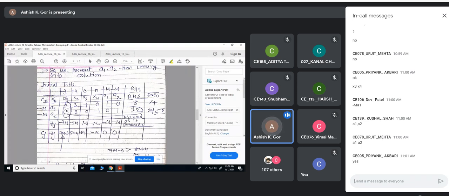Okay, so you have 6 variables now. X1, X2 were there. X3, X4 were surplus. A1, A2 artificial. So total 6 variables are there, then right hand side and ratio. Then basic variables, as you told me, A1 and A2 should be basic. What is the coefficient of the basic variable in the objective function?